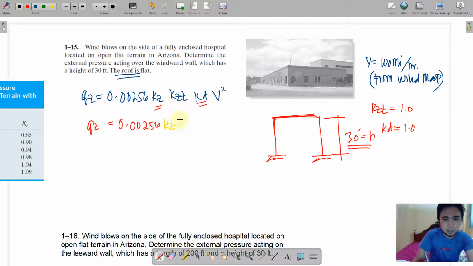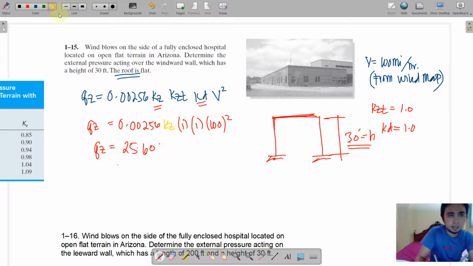And then KZT is 1. Okay. KD is 1. And then we have here 100 squared. So from that, QZ will now be equal to 25.6 times the value of kz.